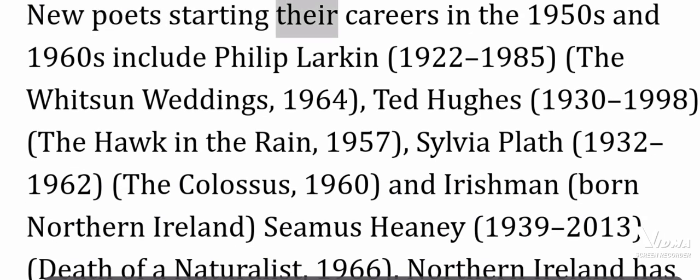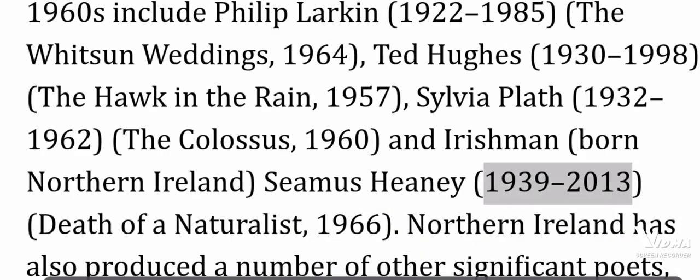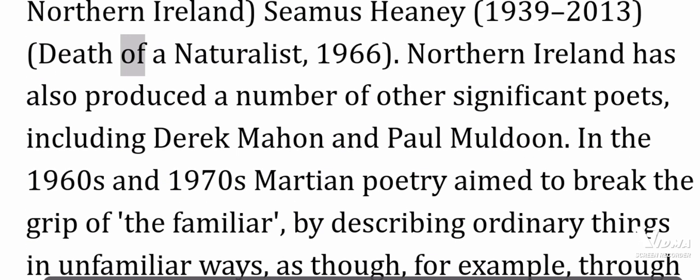New poets starting their careers in the 1950s and 1960s include Philip Larkin, 1922 to 1985, The Whitsun Weddings, 1964, Ted Hughes, 1930 to 1998, The Hawk in the Rain, 1957, Sylvia Plath, 1932 to 1962, The Colossus, 1960, and Irishman, born Northern Ireland, Seamus Heaney, 1939 to 2013, Death of a Naturalist, 1966.